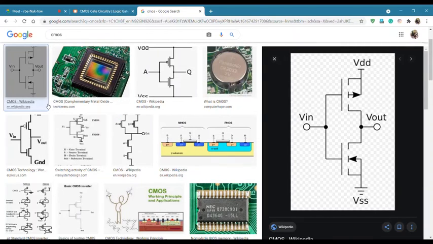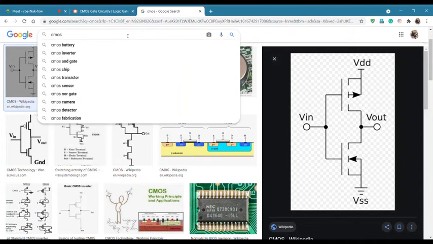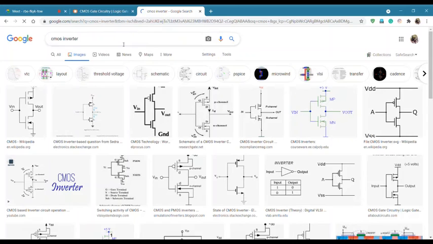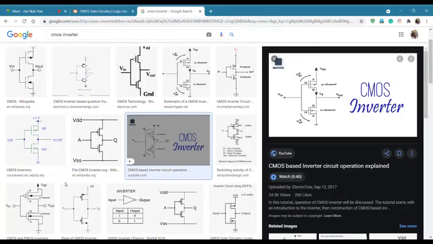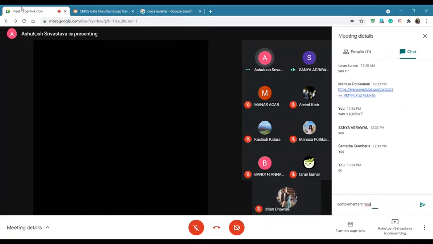Yes, sir. How do you relate CMOS and a NOT gate? Anybody? Is there a relation? They work overall the same, like they invert the input voltage, so they are the same, and they both are universal gates. Like NOT is also a universal gate.